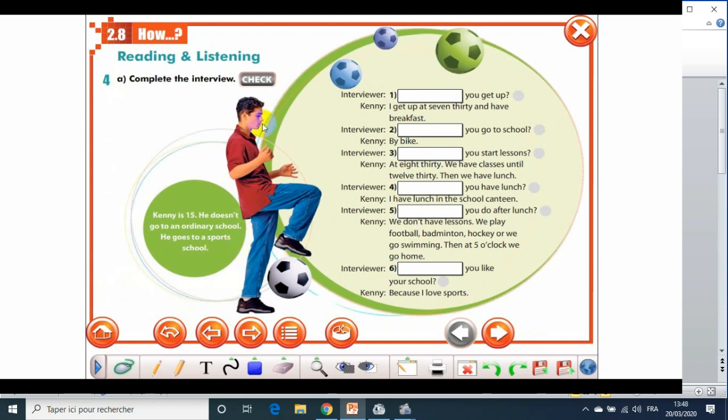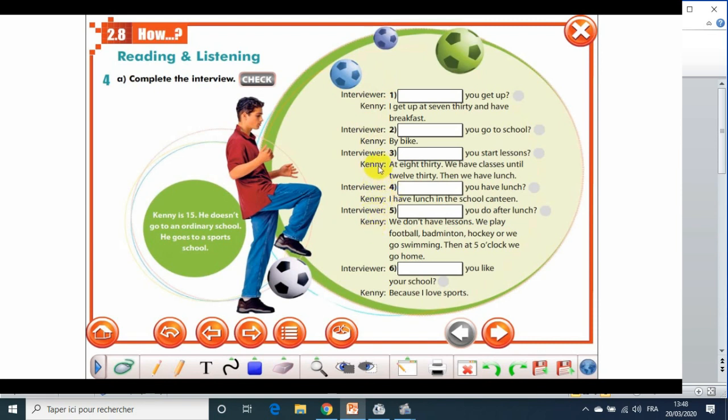So I will let you now complete this interview between the interviewer and Kenny. What is an interview? An interview is a conversation between two persons. We have the interviewer, or a journalist most of the time, and we have Kenny, a famous person, for example, football players, actors, writers, singers.